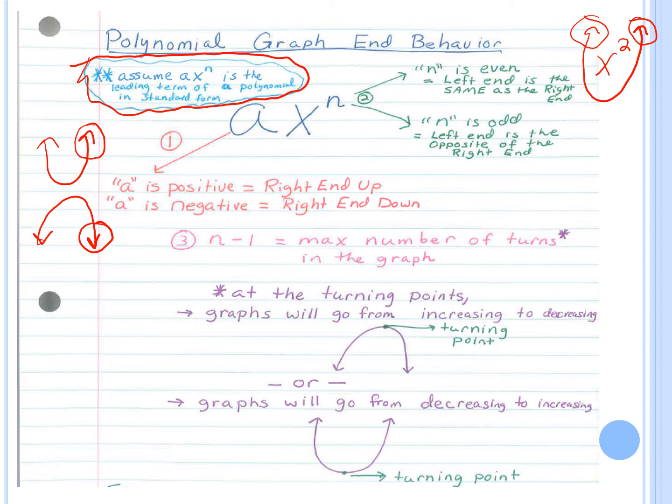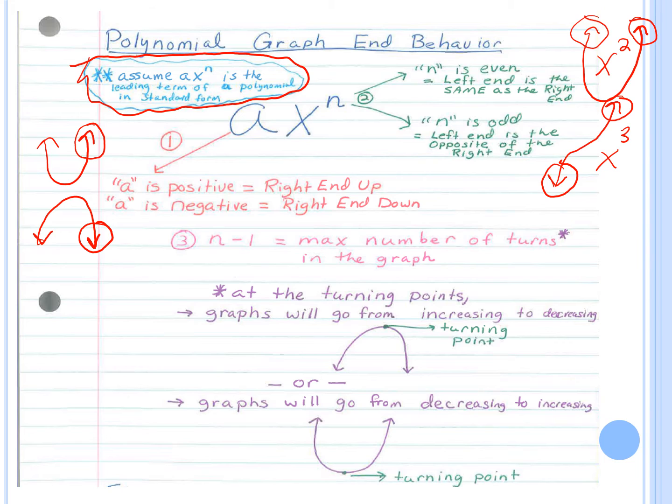If n is odd, the left and right ends are going to be opposite. So let's look at a cubic function. This is a sketch of x cubed. That exponent is odd. Since it's odd, you'll notice that in this one, the right end is up and the left end is down. So if the exponent is odd, the left and right ends do opposite things.